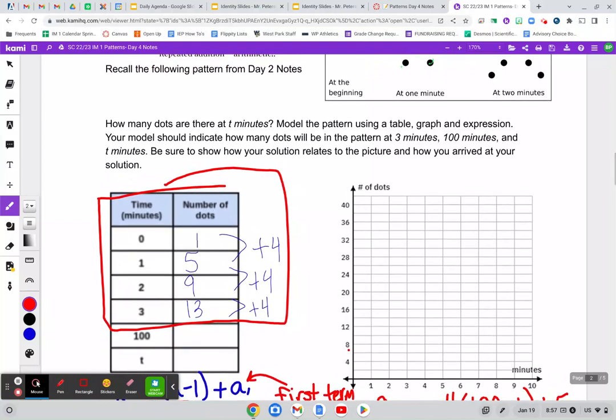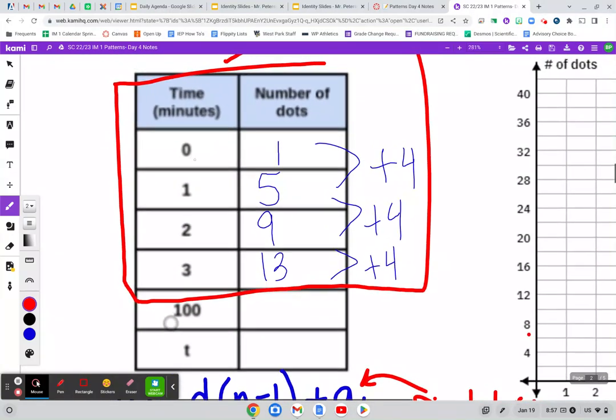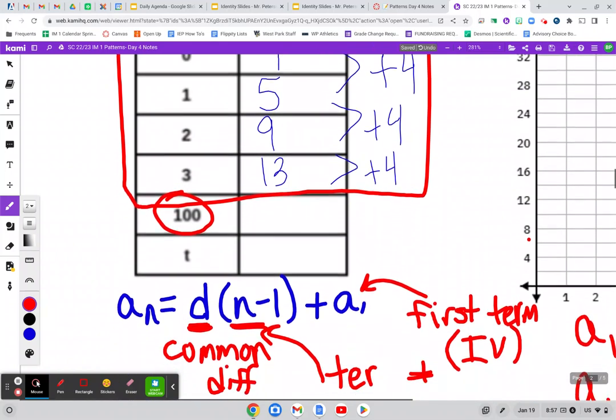But if you want to get to the 100th term, right? I mean, you can sit here and do this 99 times. Remember, it's always 1 less than the term number. In this case, the term number is 100. So if we want to get to the 100th, we're going to have to add 4 99 times.